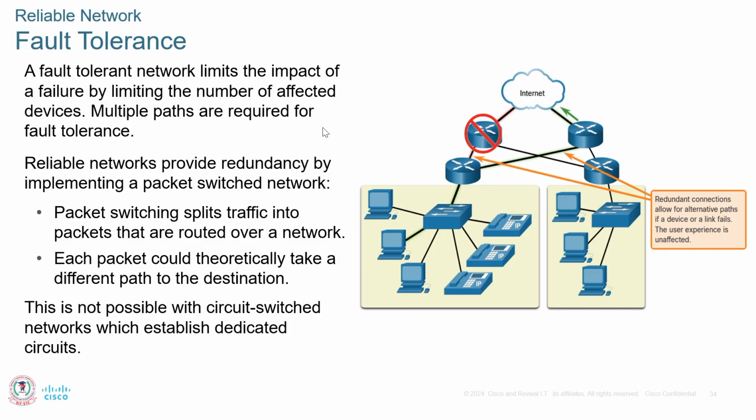As a network administrator, you must design a network to have redundancy. That means there must be high availability. You can see it very clearly in this diagram here. I remember I sketched such a diagram in our previous slot. This is the internet. This is LAN 1. This is LAN 2.